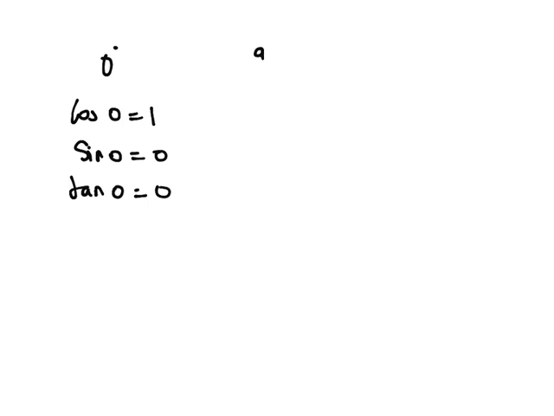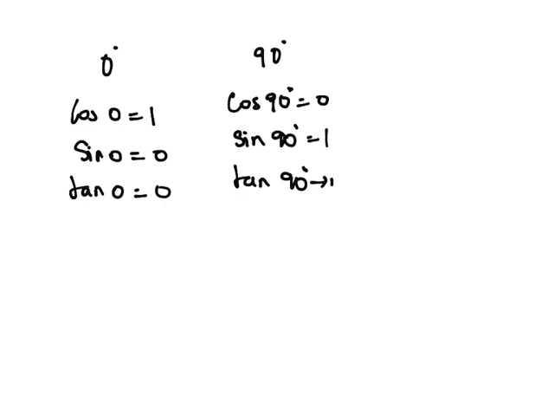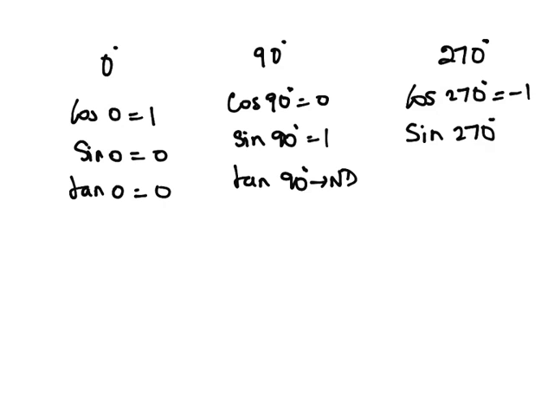And if we take 90 degrees, then cos 90 is 0, sin 90 is 1 and tan 90 degrees is not defined. We don't say infinity, but not defined. And if we take 270 degrees, then cos 270 degrees will be equal to minus 1, sin 270 degrees will be equal to 0 and tan 270 degrees.